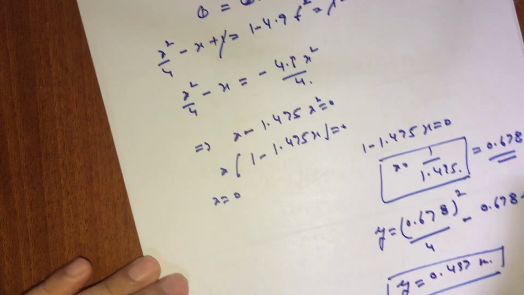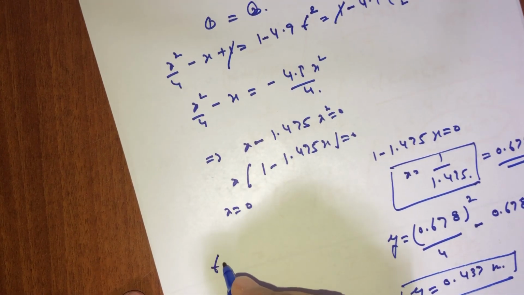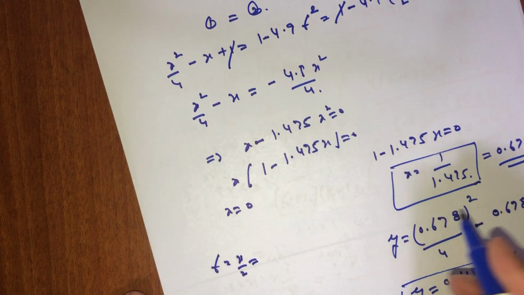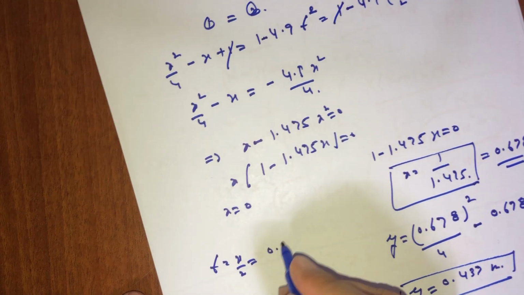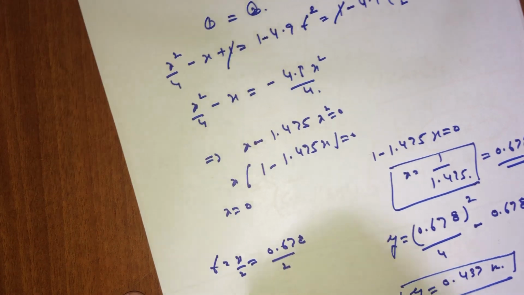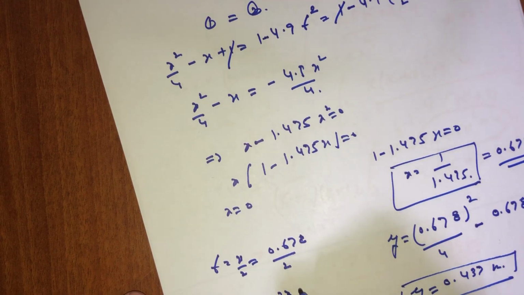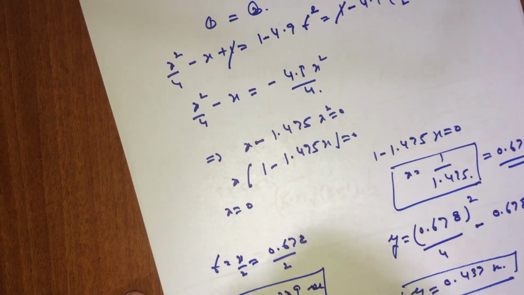We can also find out the time. We already know the time is given as x by 2. So x is 0.678 divided by 2, so time will be equal to 0.339 seconds.